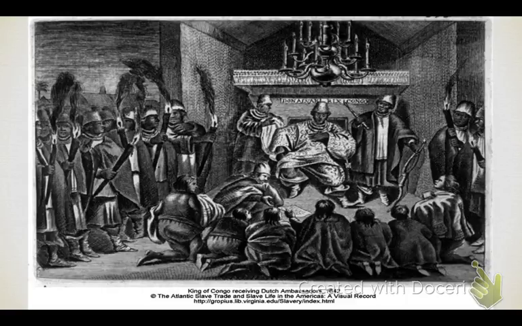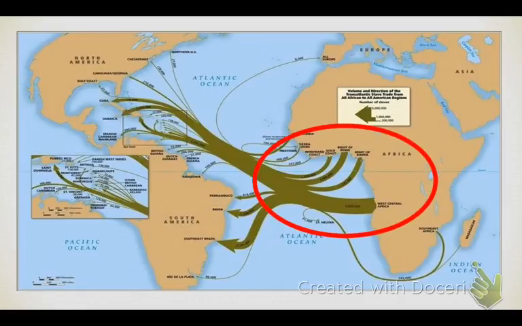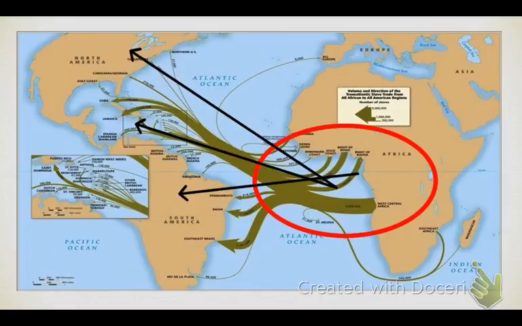So let's take a look now at the movement of slaves. In this slide, you can clearly see a big movement of slaves from Africa going over to the Americas.